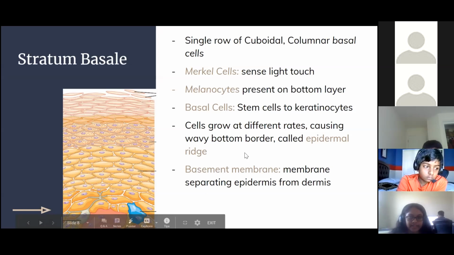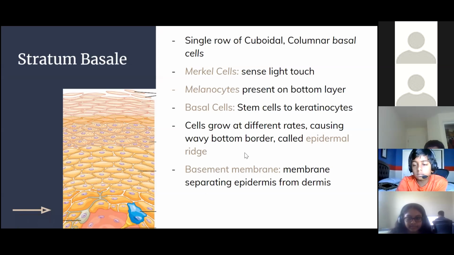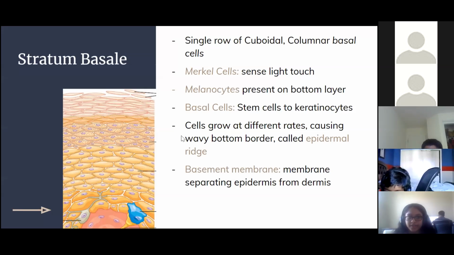Okay. Wait, is everyone good with this? Can you turn the slide for 10 more seconds? Sure. A lot of this information is a little bit more in depth.